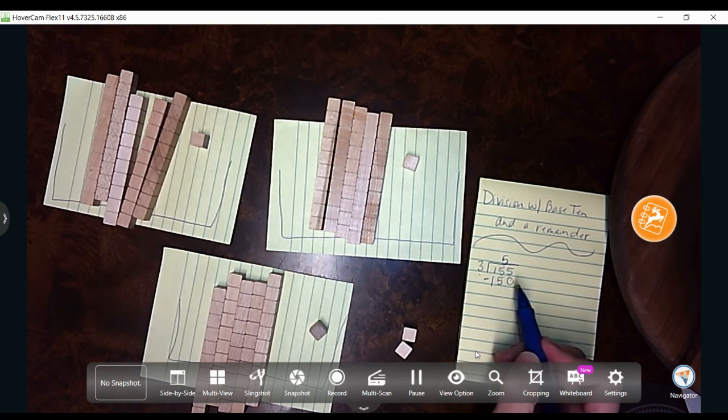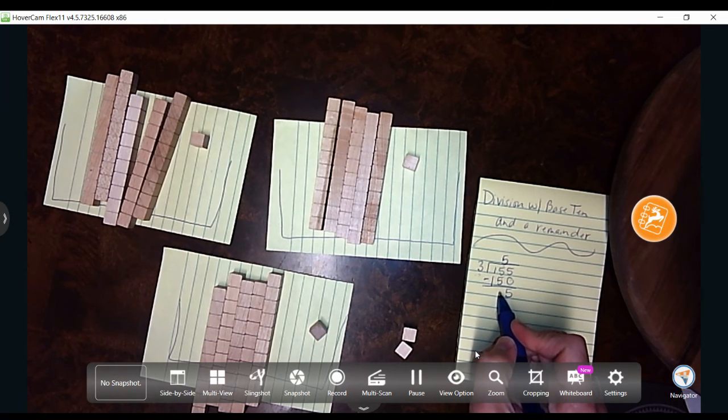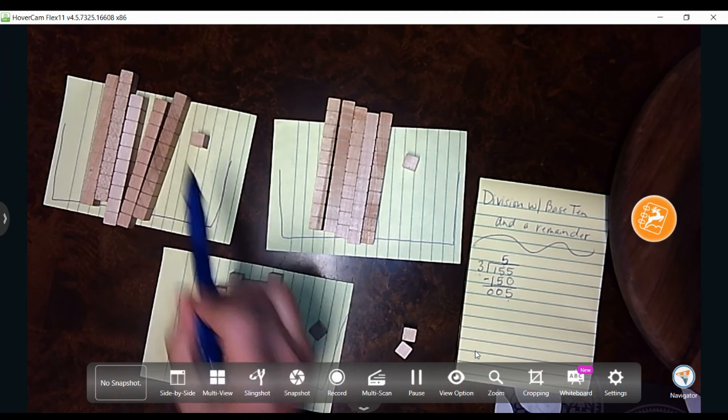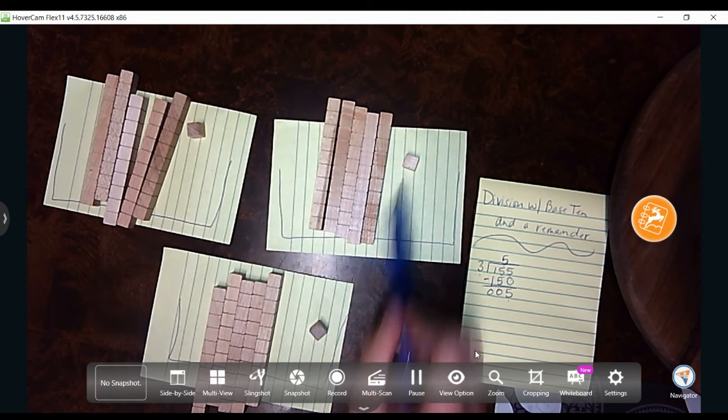So I subtracted that from my full amount of 155. And I have 5. 50 minus 50 is 0. 100 minus 100 is 0. So I'm left with 5. So how many times was I able to put this 5 into each of my groups? I can look back over here. I have 1, 1, and 1.